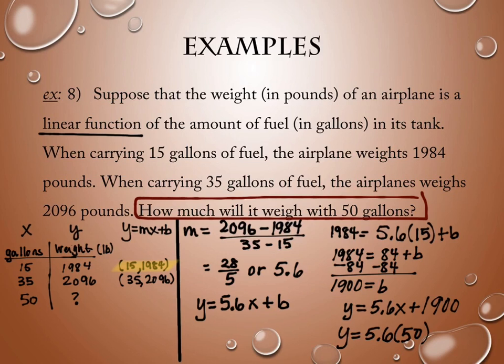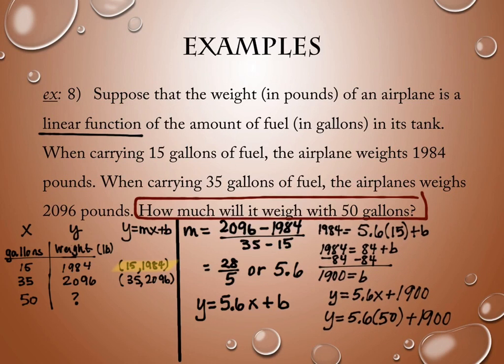So if I put 50 in for x, so 5.6 times 50, and then add my 1900, what do I have for the weight of my airplane? 2,180 what? Pounds.